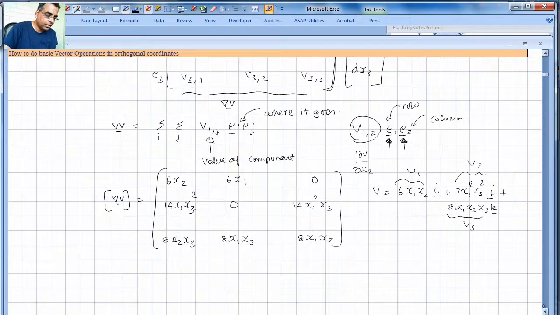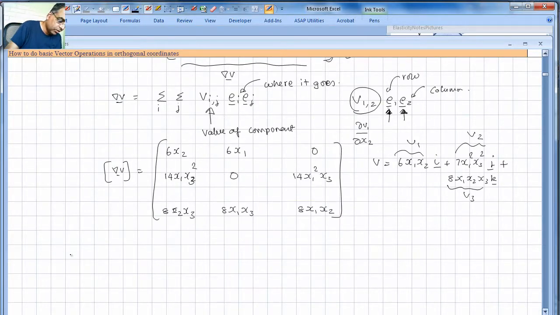If I want to write it in this kind of notation, this will look like this.